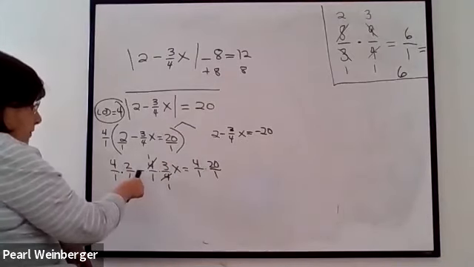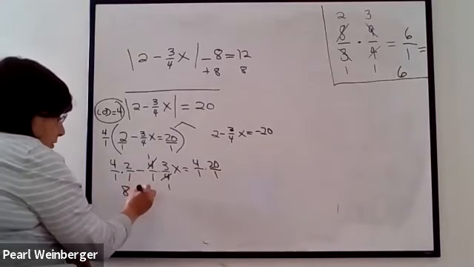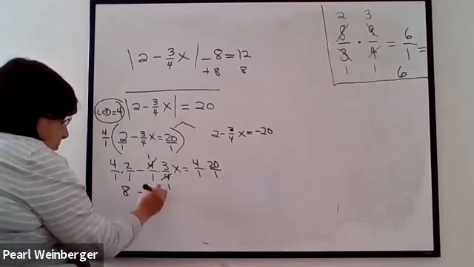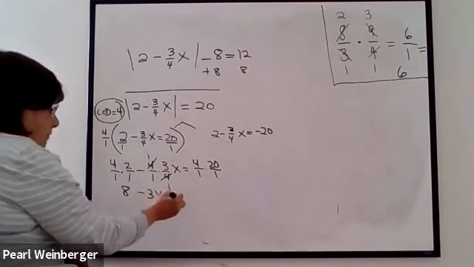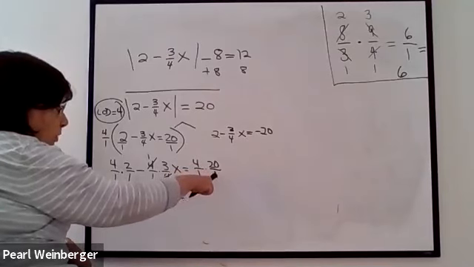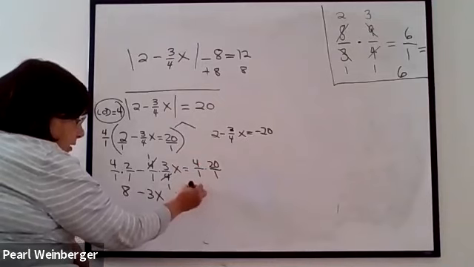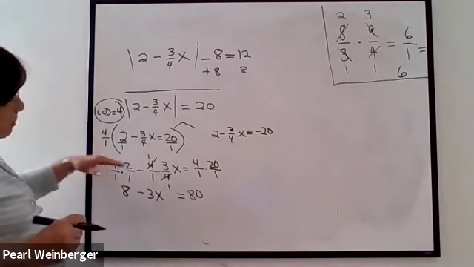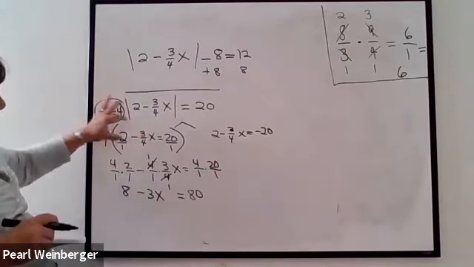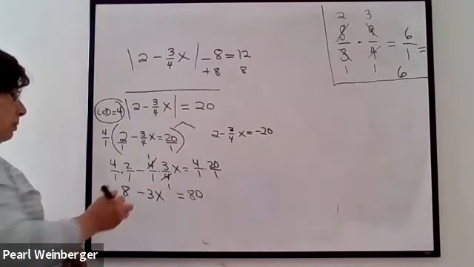And I simply have -1 times 3, which is -3x. And finally, over here I have 4 over 1 times 20 over 1, which just, nothing cancels out. I'm left with 80. Again, even though this is a little bit of a difficult step, it makes the rest much simpler.